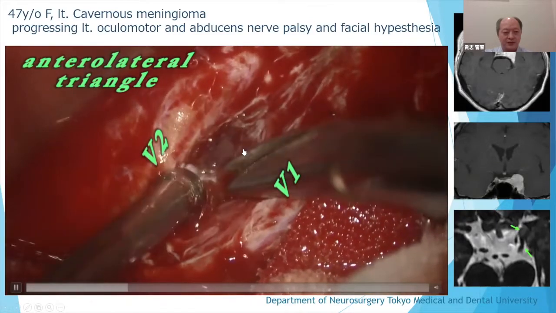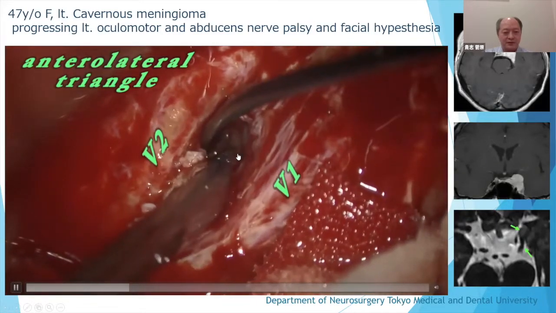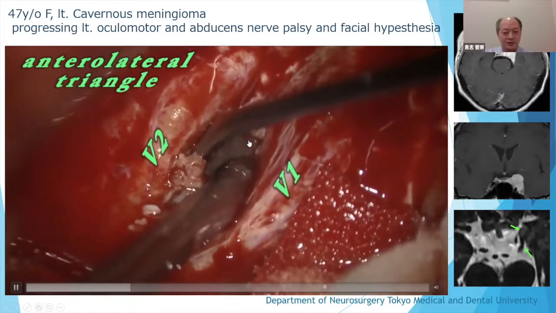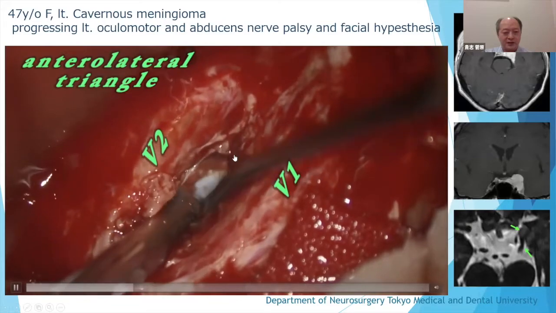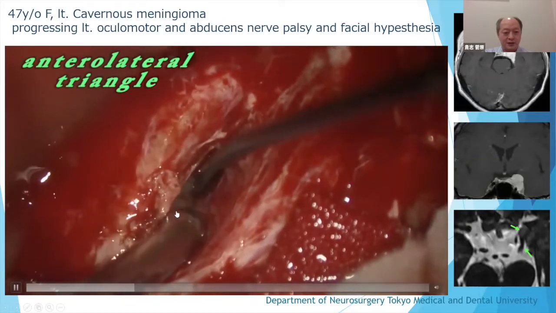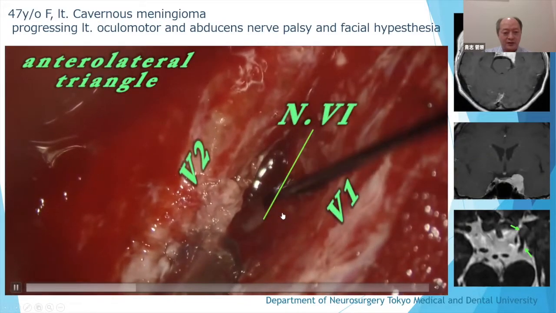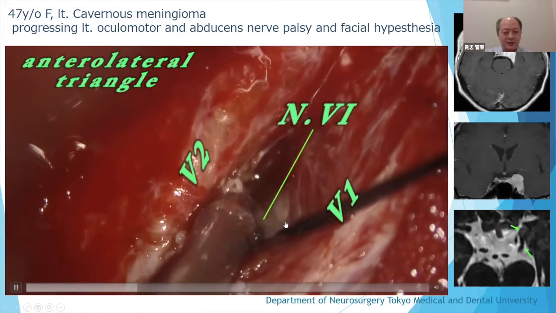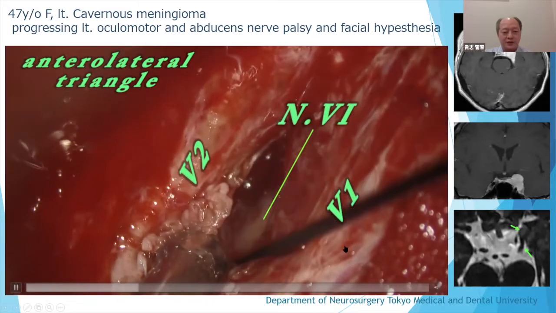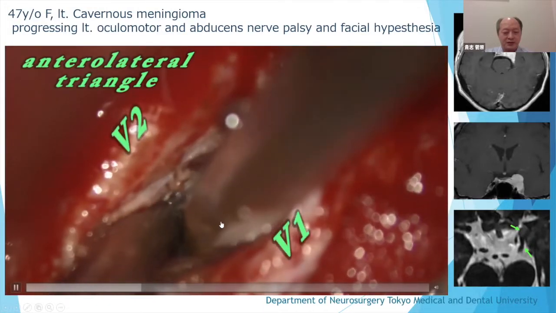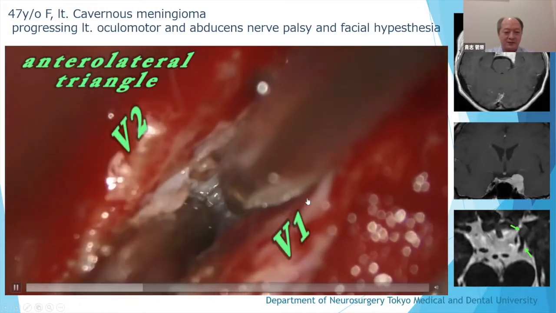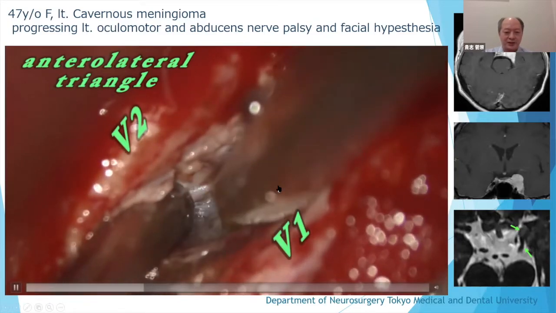Open this triangle and develop the tumor. Usually it's a relatively safe space here, but here you can see the sixth nerve. The sixth nerve was moved downward by the tumor, in this space. So we have to take care about this.